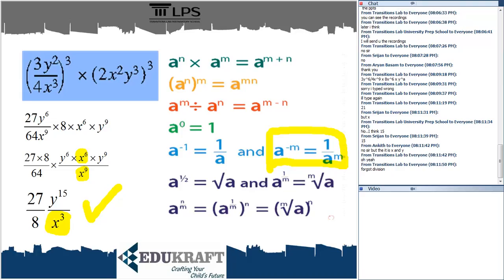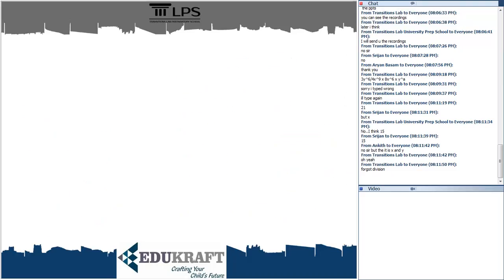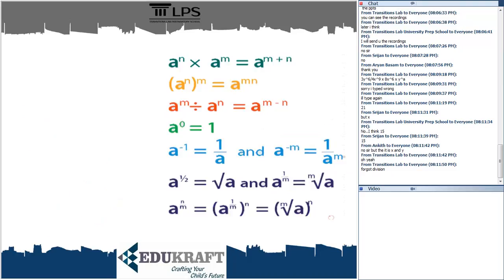Let us look at another example. The formula will appear on the screen first, and this is the question. I am waiting for the answer. Let us see who answers this question first.